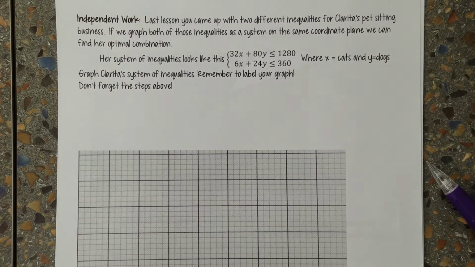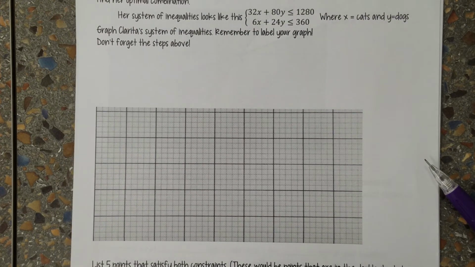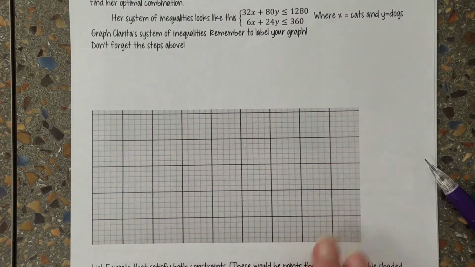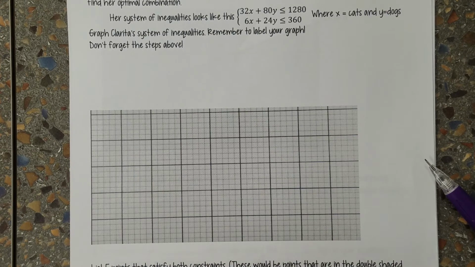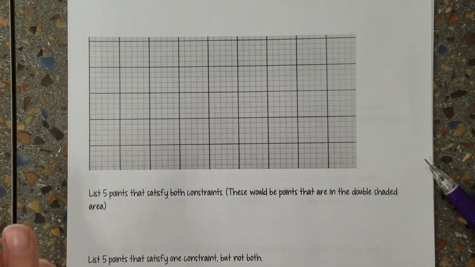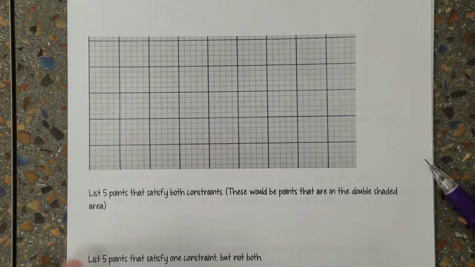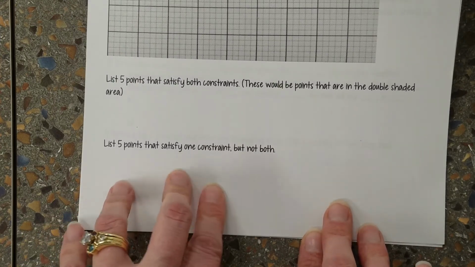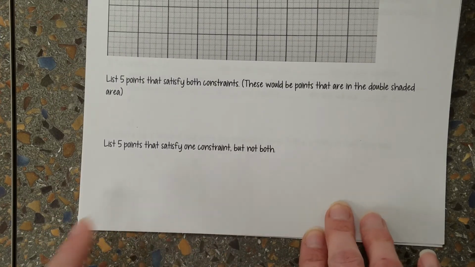Then when you're done with that, you're going to list 5 points that satisfy both constraints. So these are going to be the points that are in the double shaded area. So you're going to graph it, you're going to shade it, and you're going to list 5 points in ordered pair form that fall in the shaded area, any 5 points. Then after that, you're going to list 5 points that only satisfy one but not both.